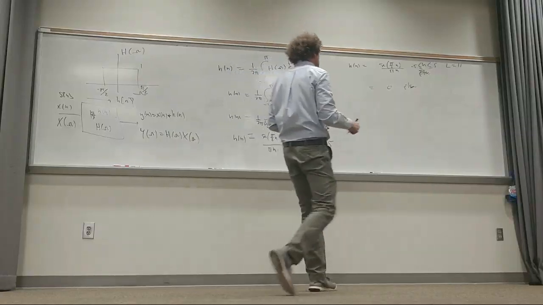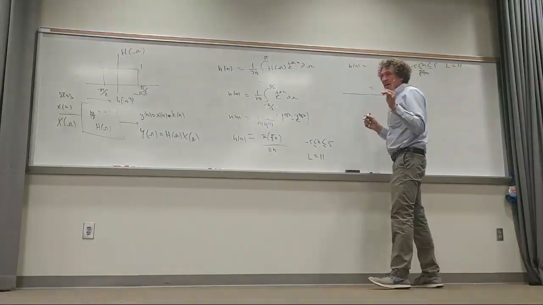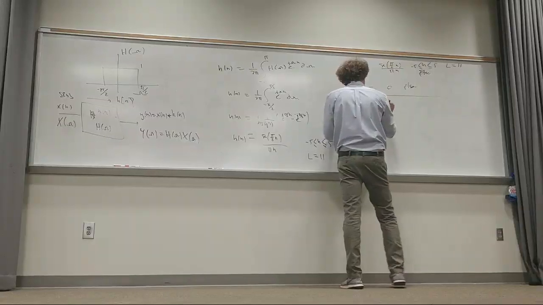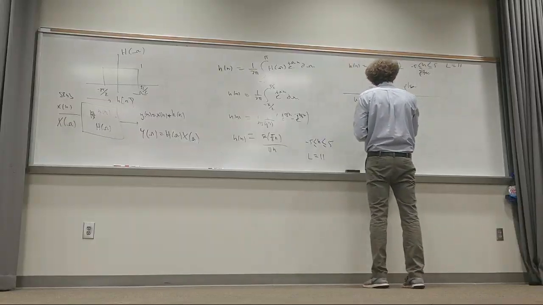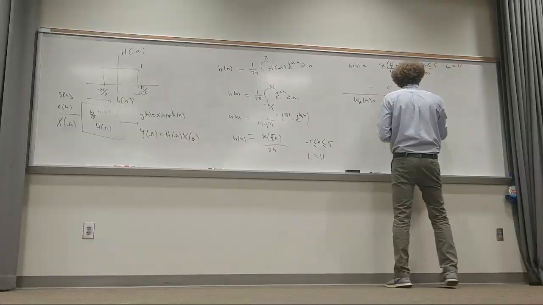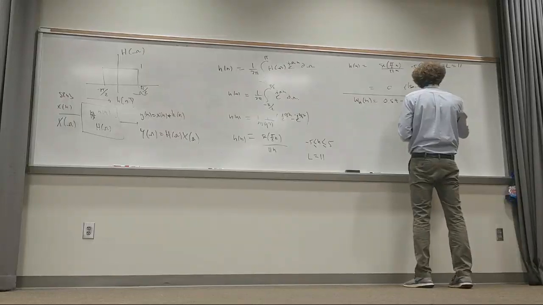So now I'm going to take the typical Hanning window and multiply it by this, but I have to adjust the Hanning window. So the Hanning window, w sub h of n, is equal to 0.54 minus 0.46 times the cosine of 2 pi n over L minus 1.